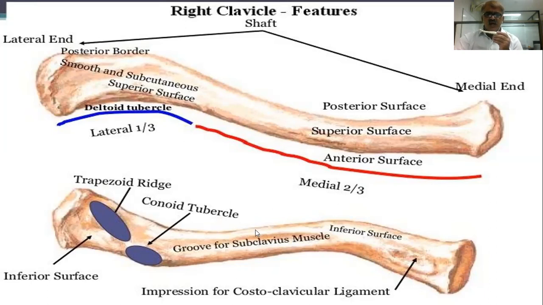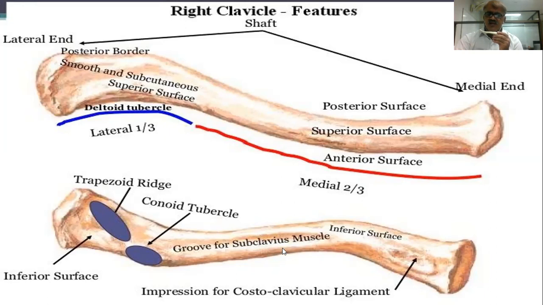You can see here, in the middle 1/3, superiorly it is very smooth, anterior and posterior are not very prominent, but smooth. Inferiorly in the middle 1/3, we have a groove here. That groove has the attachment of a muscle, and because it is on the inferior aspect of the clavicle, just below the clavicle, the word used is sub, S-U-B, sub means below.